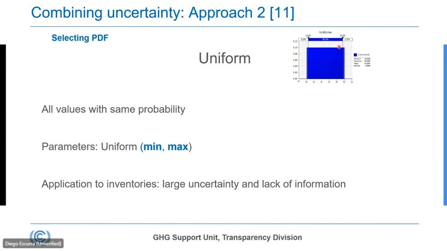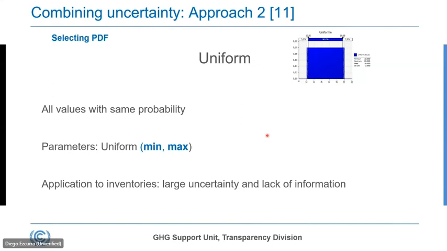The problem with this is that you don't have a most likely value, so the uncertainty in the results will be wider, will be higher. And you may use this in cases where you really have very little information about one variable.